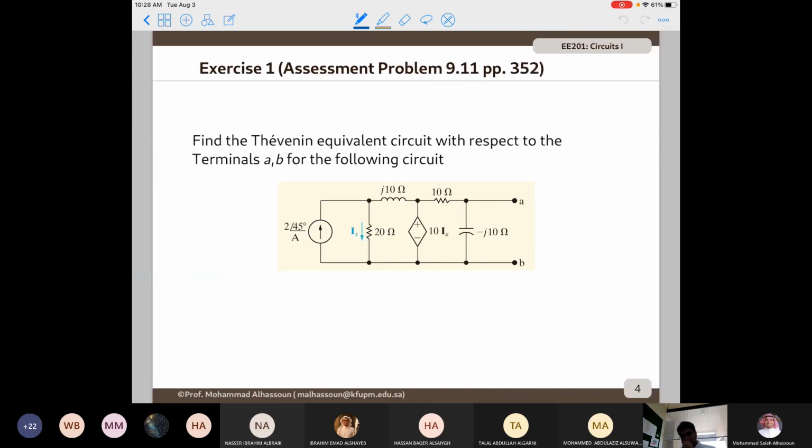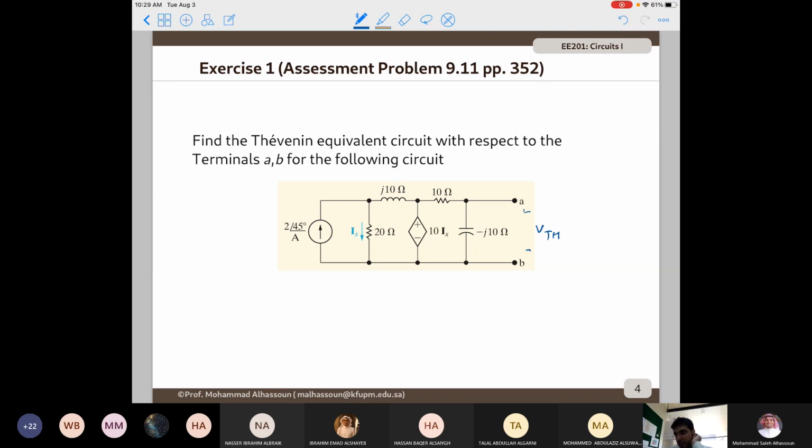This is a problem that we carried over from last time. We're asked to find the Thevenin equivalent circuit with respect to the terminals A and B. Again, we're asked to find V Thevenin between A and B, and R Thevenin, or Z Thevenin, between A and B. Now we're talking about impedance.